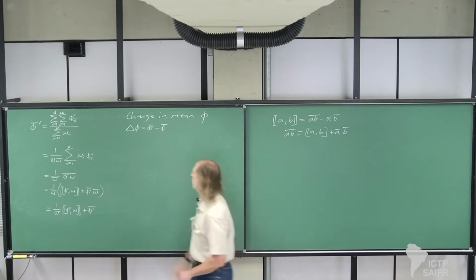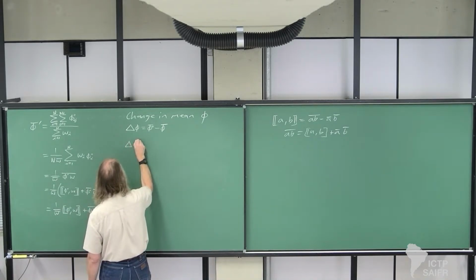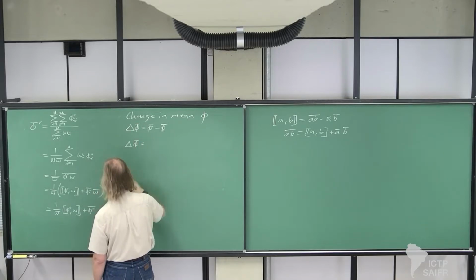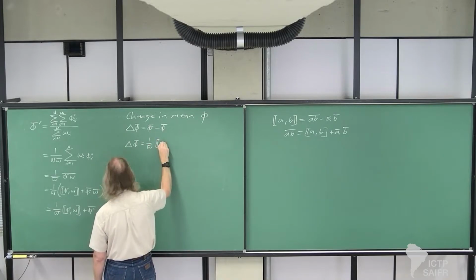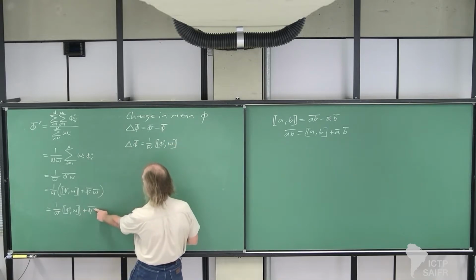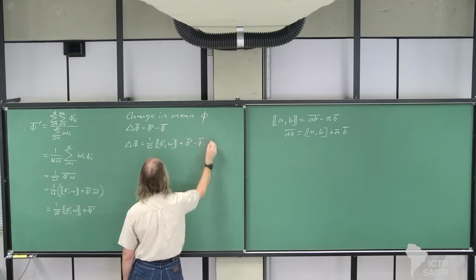Right? So using this, I could write it as delta phi bar is equal to 1 over W bar, covariance of offspring phenotype with parent fitness, plus phi offspring bar minus phi bar.